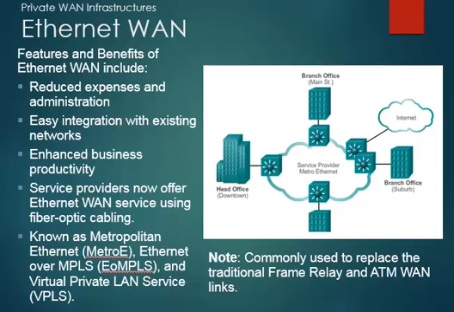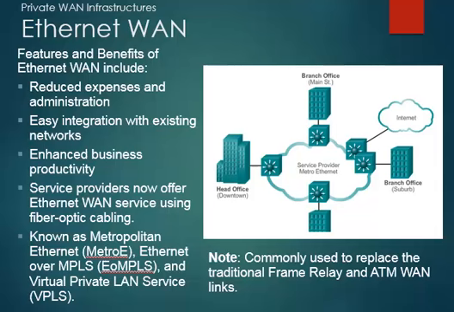The next is Ethernet WAN. Ethernet was originally developed to be a LAN access technology. At the time, however, it really was not suitable as a WAN access technology because the maximum cable length supported was only up to 1 kilometer. However, newer Ethernet standards using fiber optic cables have made Ethernet a reasonable WAN access option.